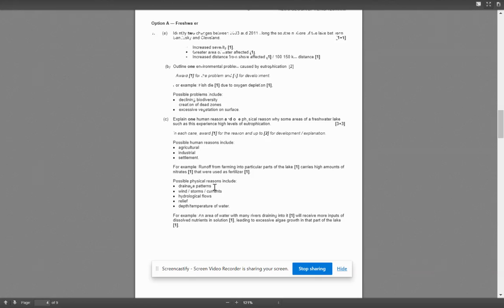Now, physical possible reasons why. If we look back at that map, these are the possibilities you've got: drainage patterns, winds, storms, currents, hydrological flows, relief, depth and temperature of water. I think this is quite a tricky question, to be honest.